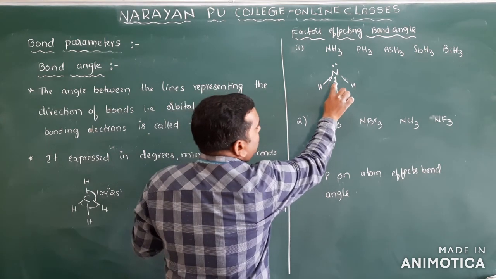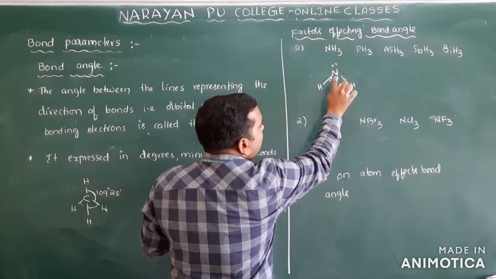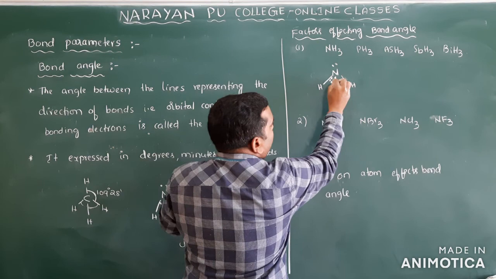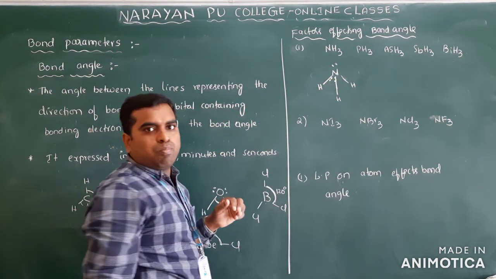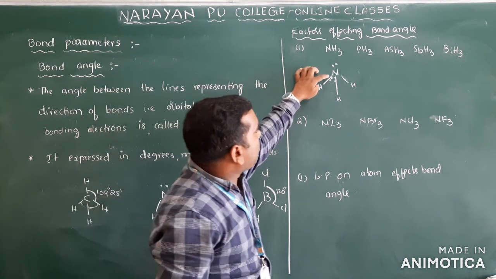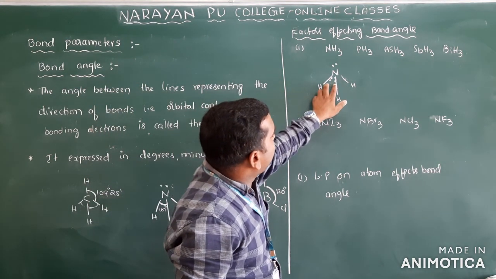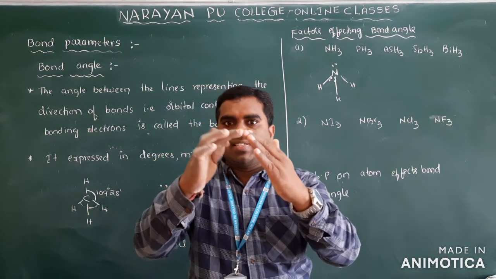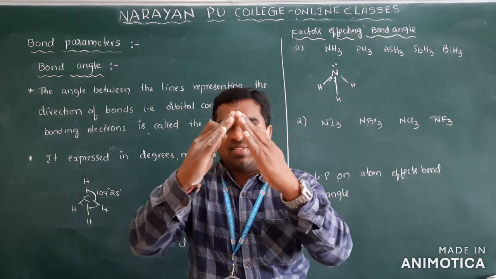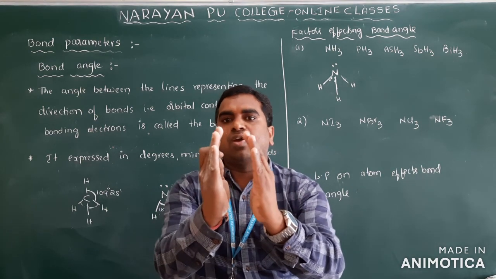These bond pair electrons come very close to each other, and there will be repulsion between these two bond pairs, because they are very close to nitrogen. One bond is like this and this is the other. So the electrons are very close to nitrogen.